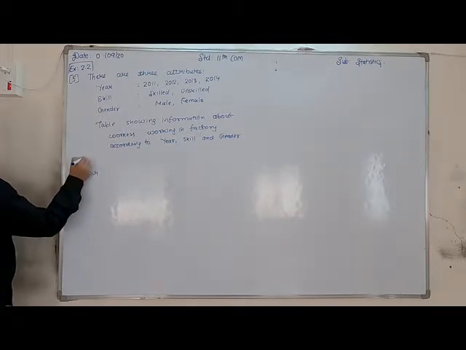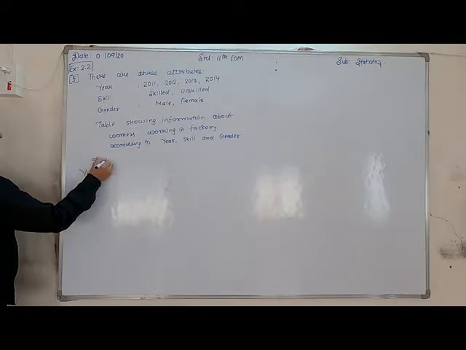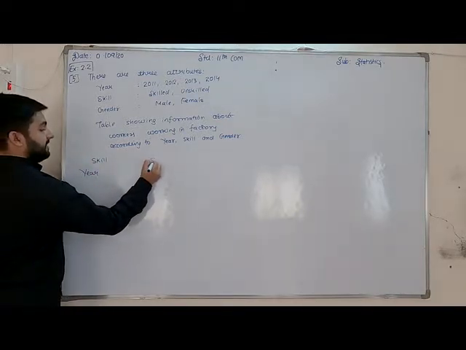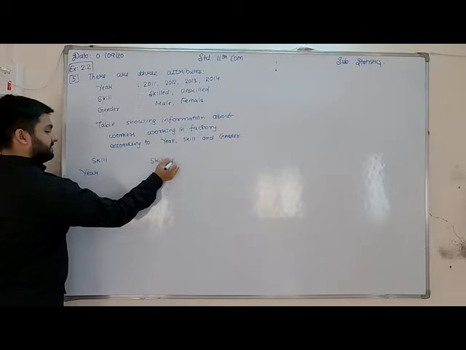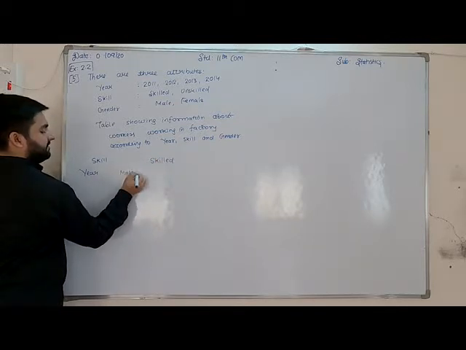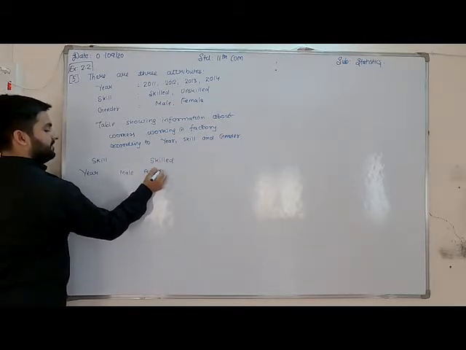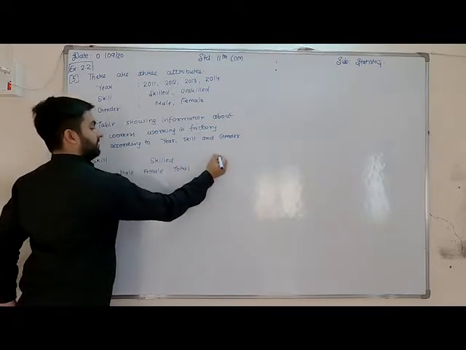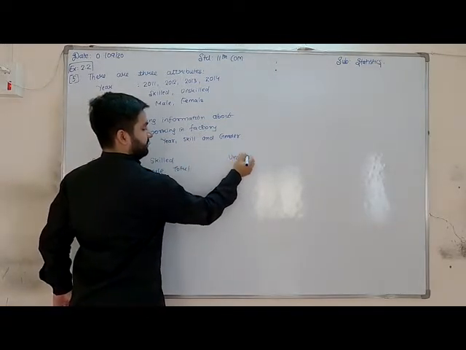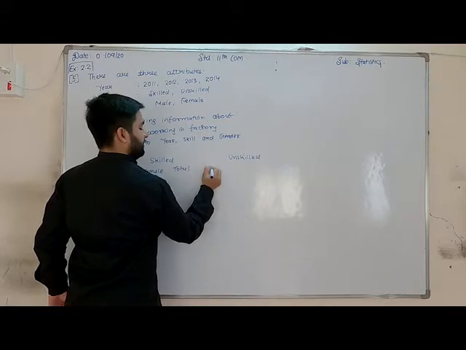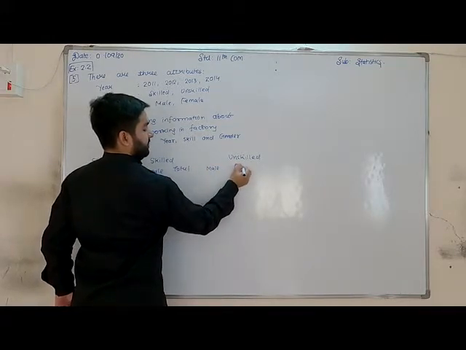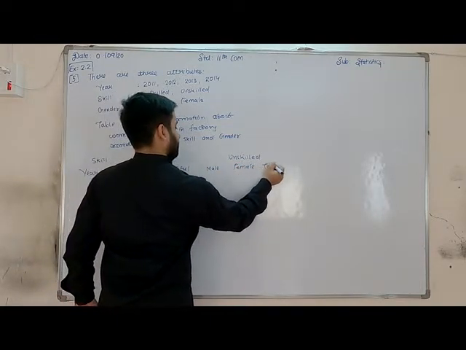Year, skilled: male, female, total. Then unskilled: male, female, total.